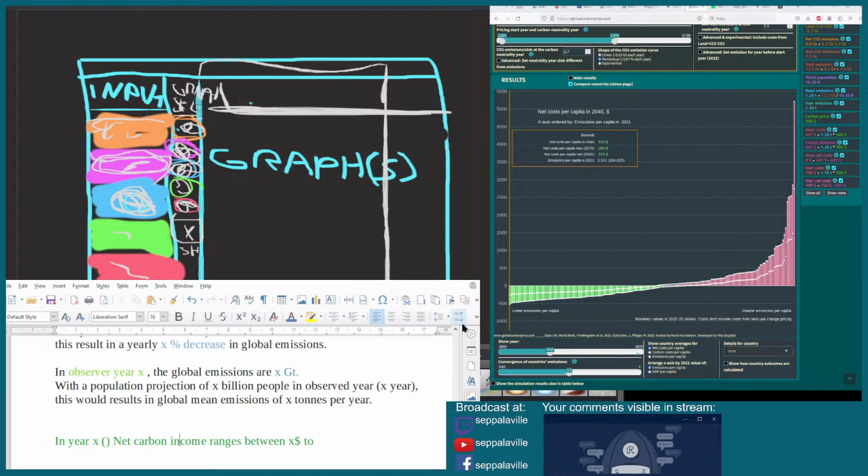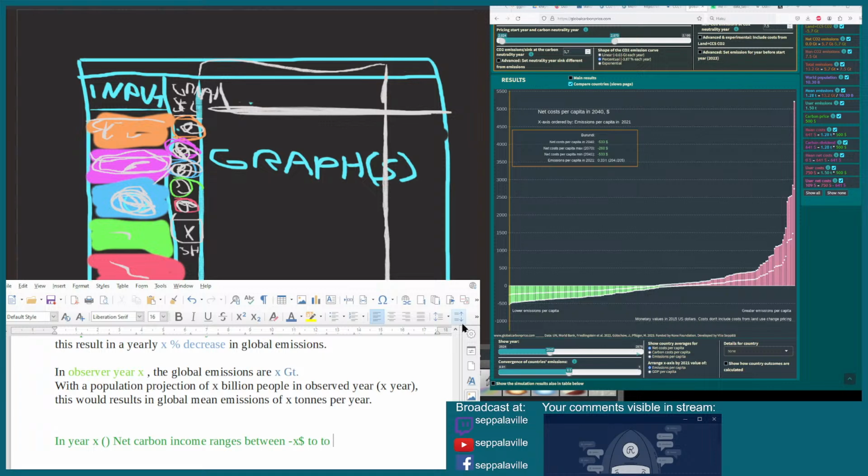Income already implies that it's a positive number, and net carbon costs implies it's a negative number. If we have a net carbon cost and then a negative number here, is it easy for the user to understand that it's actually not a net cost but a net benefit?